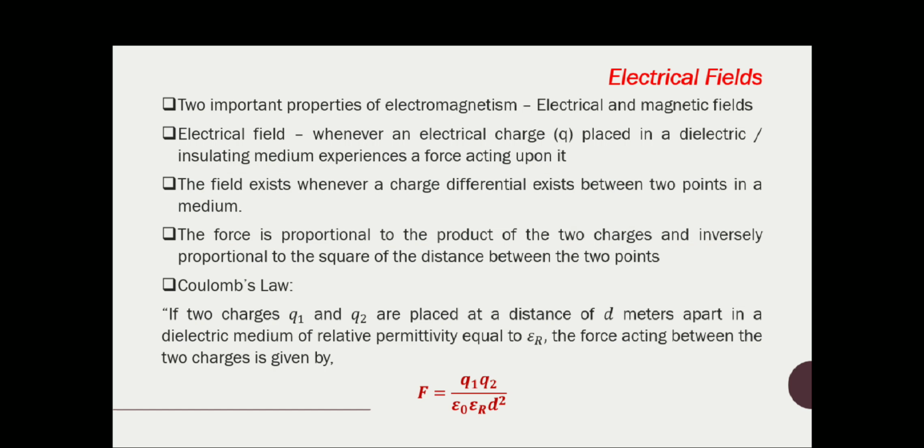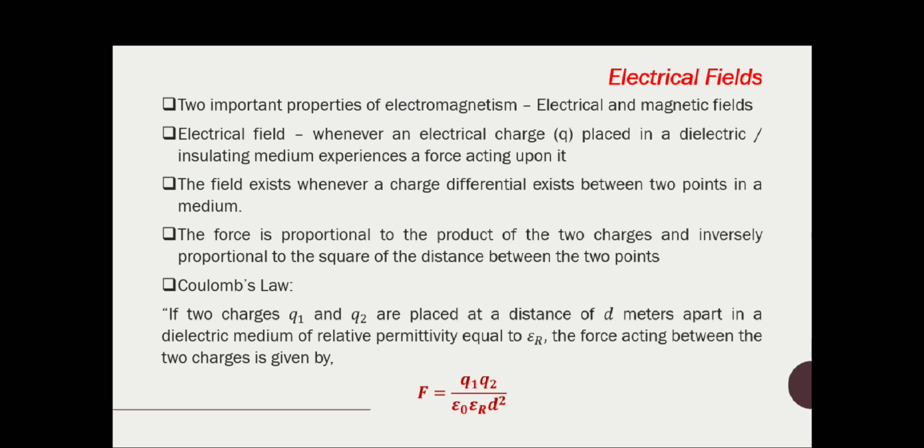Then we move on to some basics of electrical field. So two important properties of electromagnetism are the electrical and magnetic fields. An electrical field is present whenever an electrical charge Q placed in a dielectric or insulating medium experiences a force acting upon it.